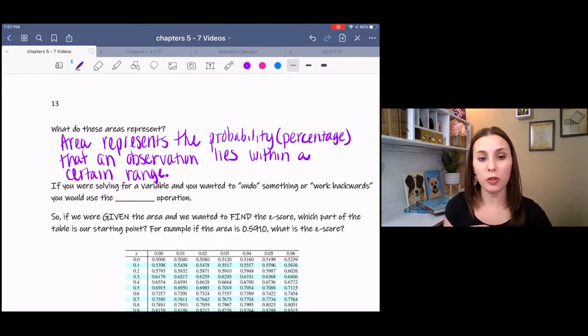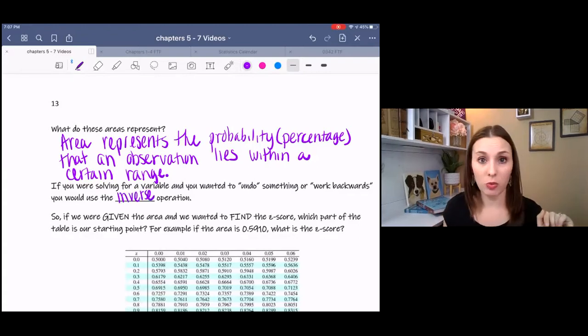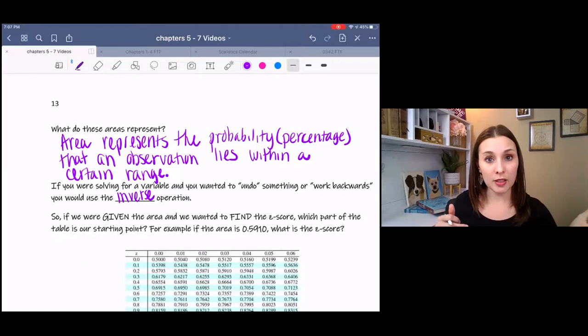If you were solving for a variable and you wanted to undo something or work backwards, we actually call that an inverse operation. When you do the opposite of something, you're using the inverse. So if you're adding something and you want to subtract it to undo it, that's called an inverse operation.